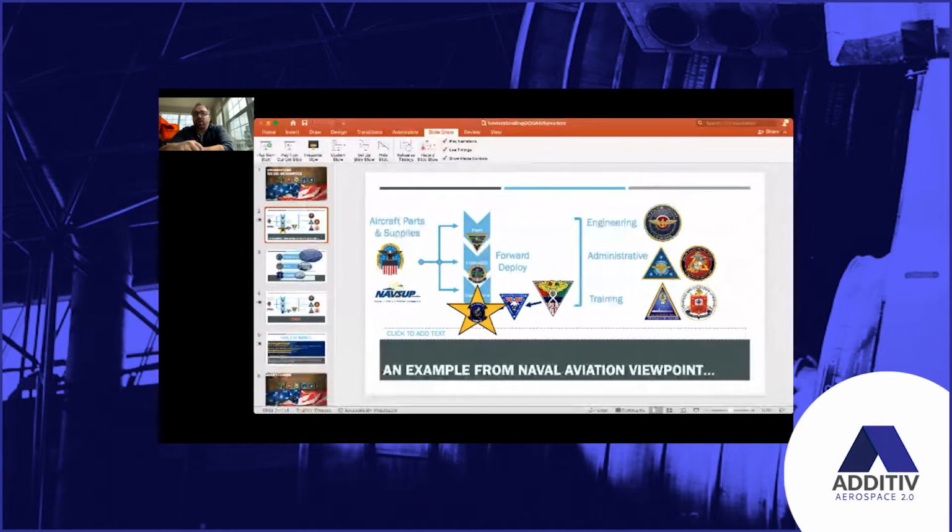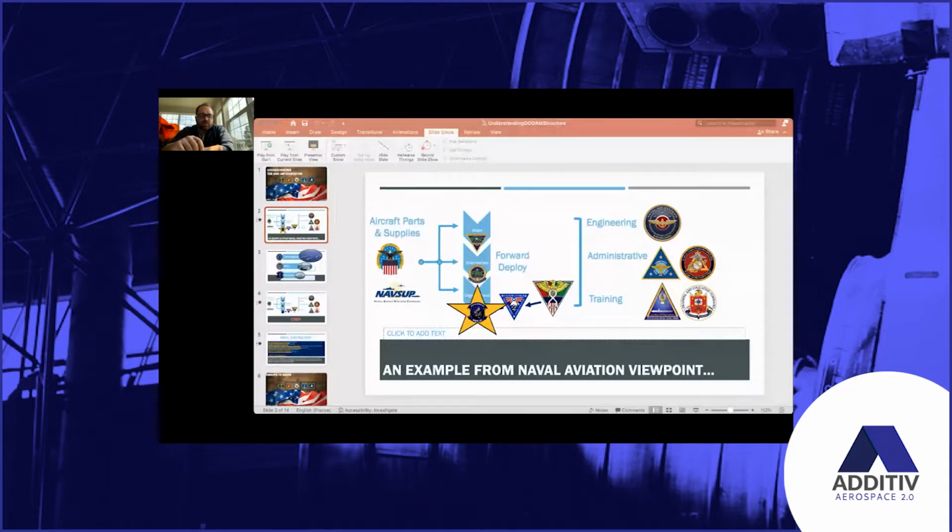The organizational level at the bottom is what many call the tip of the spear. Those are your forward deployed units, supported by intermediate maintenance facilities. Those organizational capabilities have some basic repair capabilities for the aircraft, since they deploy out with it. They can move things in and out, put new parts in, and they have some limited repair capability on the aircraft itself. Then you have the intermediate maintenance facilities.